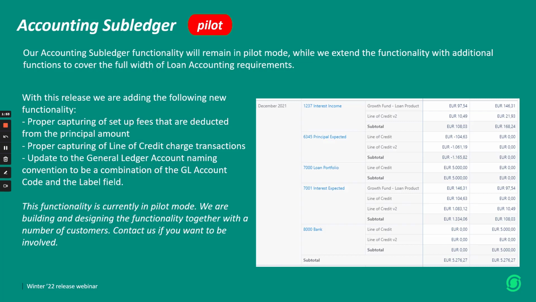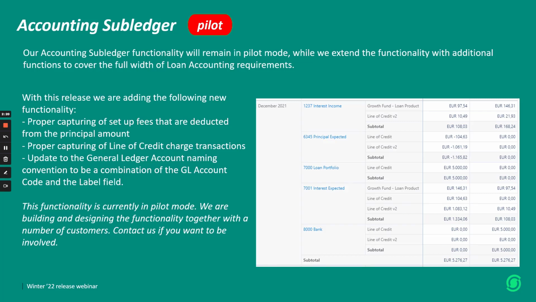In Winter 22, we've added a couple of new functionalities, mainly around capturing setup fees deducted from principal, around capturing line of credit charge transactions that we just saw in the line of credit presentation, and we changed the naming convention of general ledger accounts, which you can see here in the screenshot.